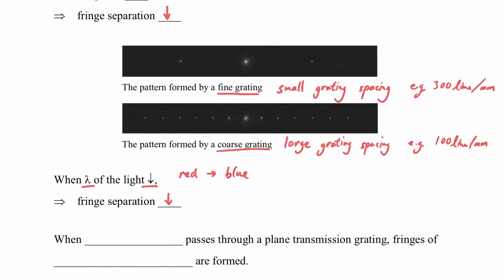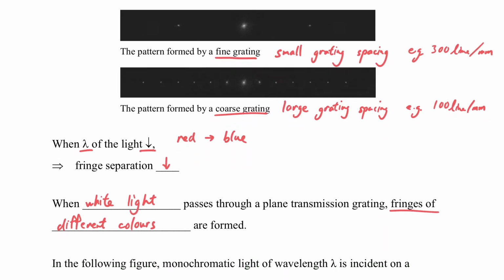Okay, blue is lowest. So for blue color, the fringe separation will be smaller. When white light passes through the plane transmission grating, fringes of different colors can be formed. So we will observe a rainbow-like pattern.